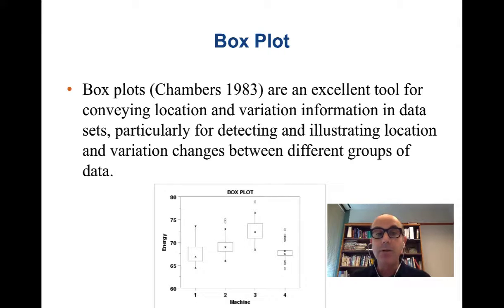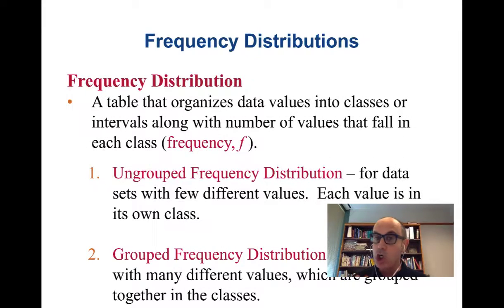The box plot is an excellent tool for conveying location and variance information in a dataset, and particularly for detecting and illustrating location changes between different groups of the data. And this is really good because I'll show you in open source R how we can color that in order to make our point stronger.